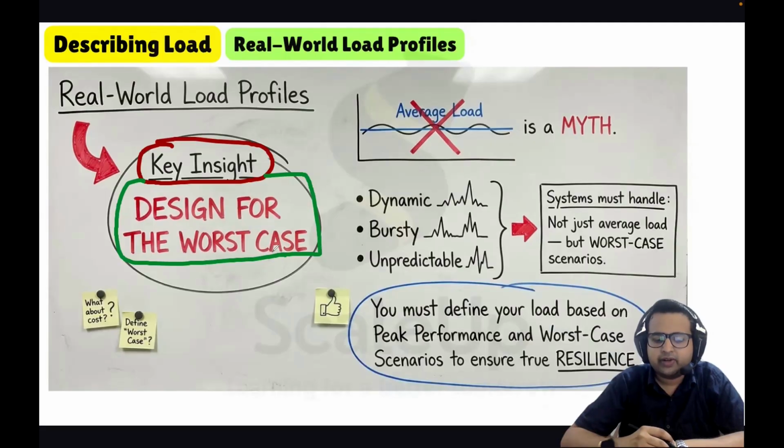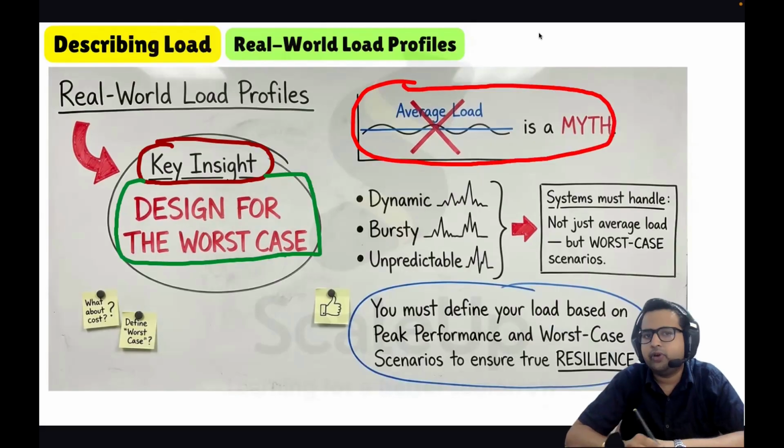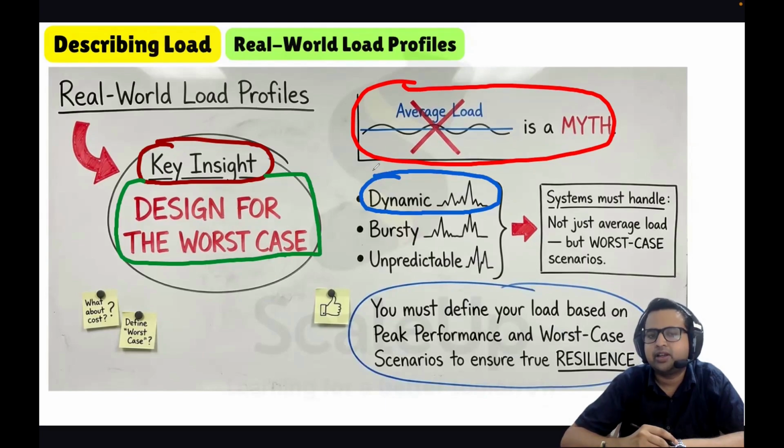In the real world, the average load is a myth. The real world load is dynamic in nature. We see oscillations and shocks, like the real world traffic is fluctuating.